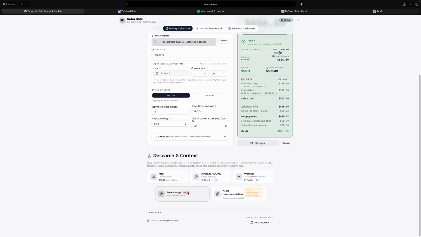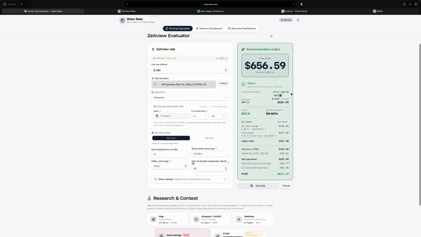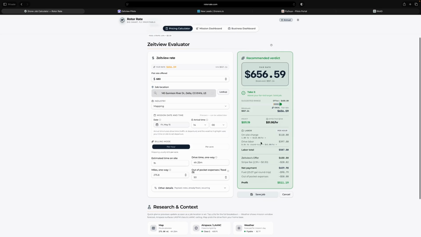This is saying that the average is this, and the offer of 680 is 54% below this average. You're even below the low. But that's bad for the industry. For you, because you charge this for your numbers, your business, this is profitable for you. This is a good day.